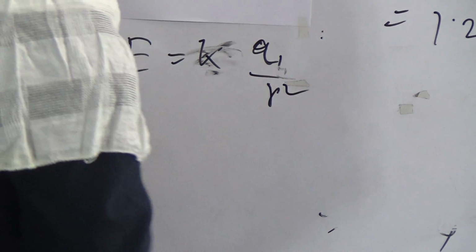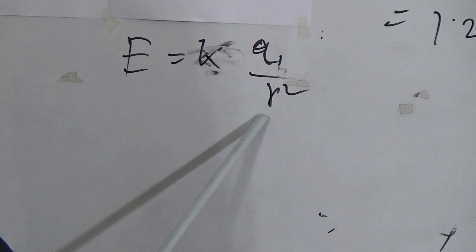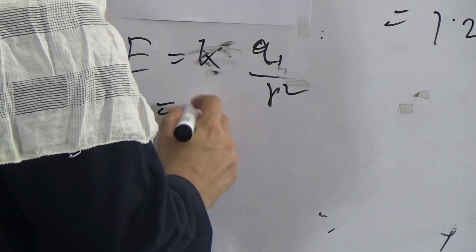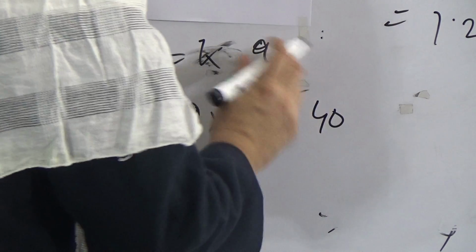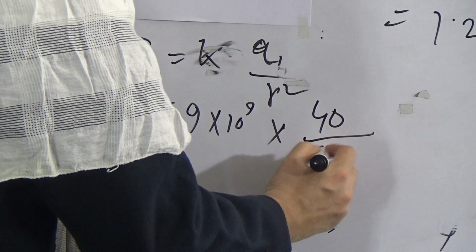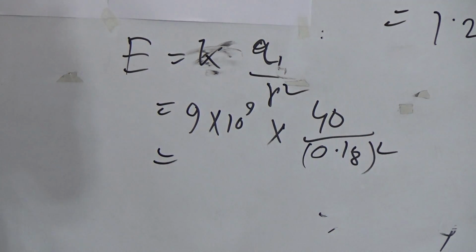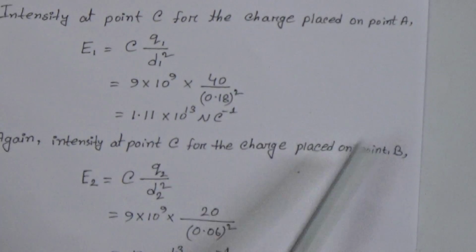You can write this distance as D also. Now put the values: K means 9 into 10 to the power 9, into Q1 means 40, divided by the distance 0.18 whole square. By doing this calculation we find the value 1.11 into 10 to the power 13 Newton per Coulomb.